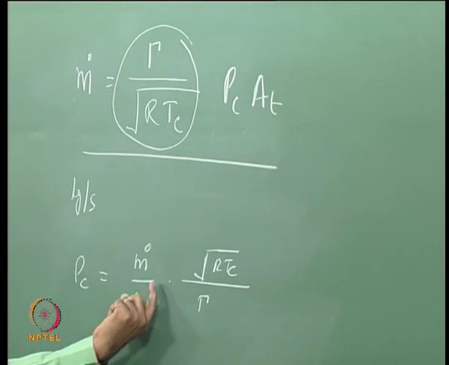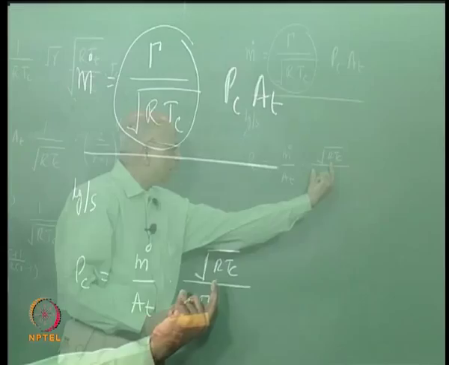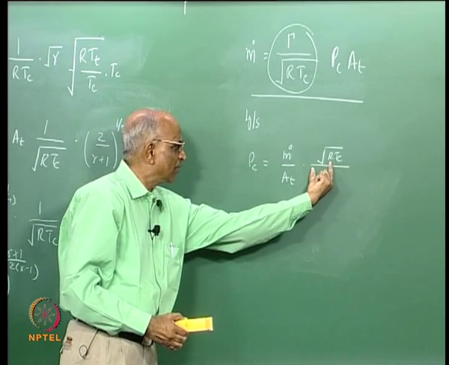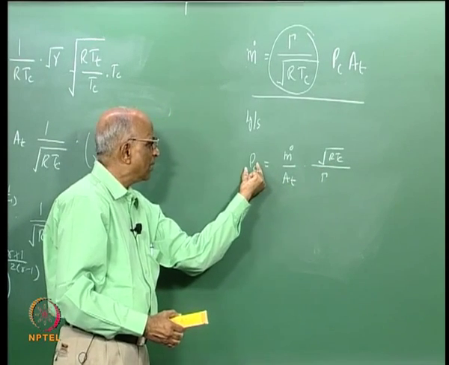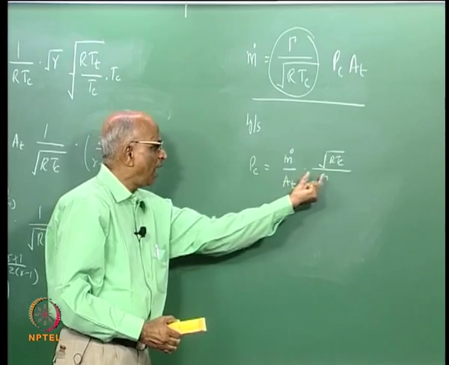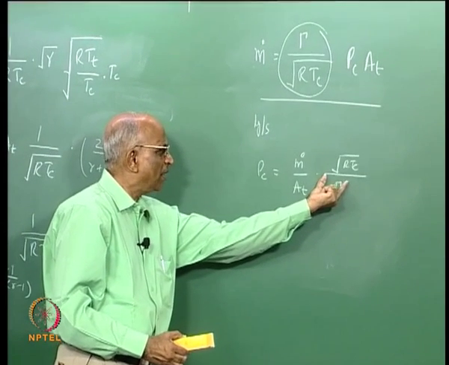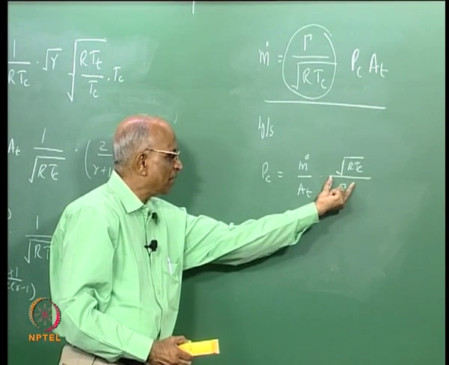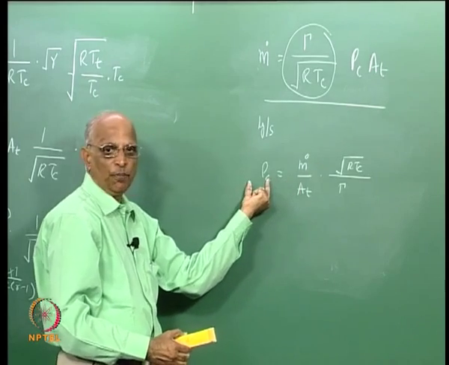For a given mass flux through the nozzle, this represents something like a transfer function which will give me the chamber pressure. That means under root RTC by gamma is something like a function which converts the mass flux into pressure.